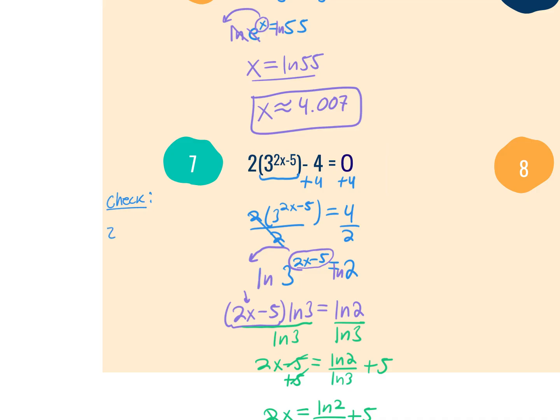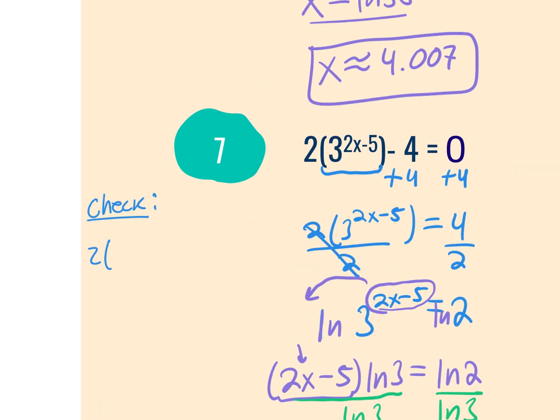So I'm going to plug in 2.815. So I'm going to get 2 to the power of 3 times 2 times 2.815 minus 5, minus 4 equals 0, right? So let's just see if this is a true statement, right?